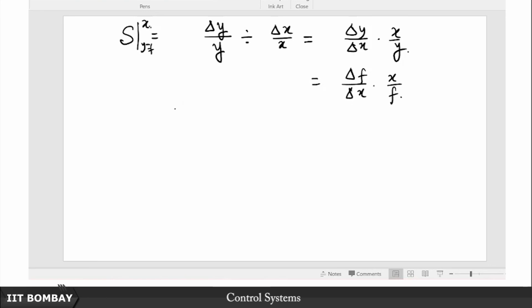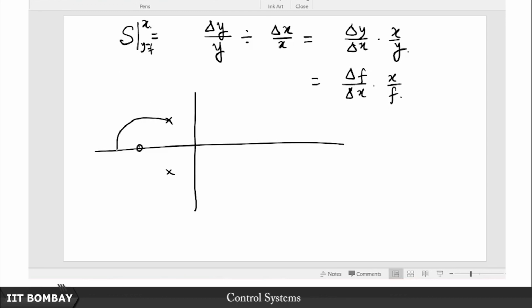So now in the context of root locus, why is this important? Notice for example something like this. So suppose you have this additional 0 here and you are designing a controller, right, something like this. So your root locus is going to be something like this, as we have seen earlier.